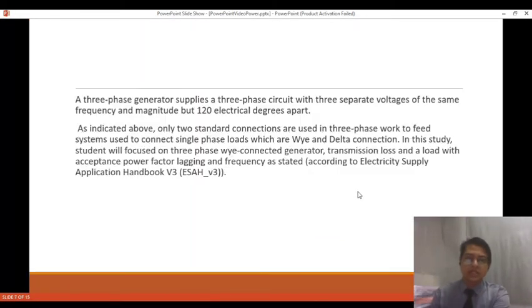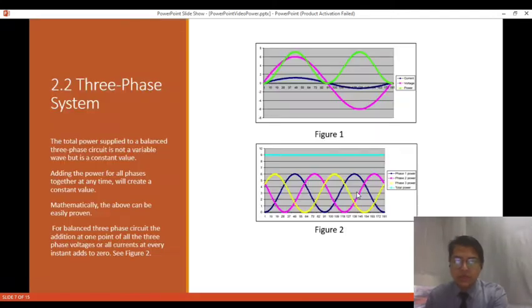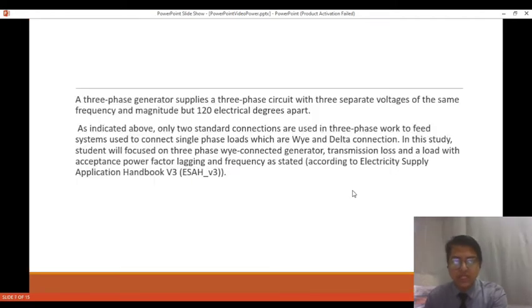Okay, next. This is also the continuation of 2.2 about the three-phase system. A three-phase generator supplies a three-phase circuit with three separable voltages of the same frequency and magnitude but 120 degrees apart.